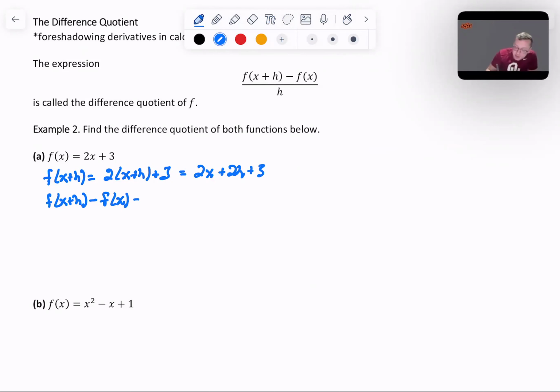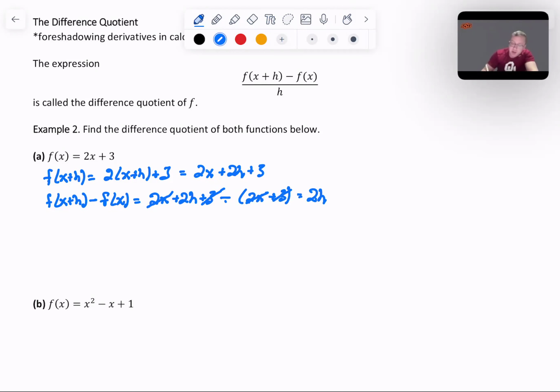this is 2x plus 2h plus 3 minus (2x plus 3). So here, look, 2x minus 2x, those go away. And then 3 minus 3, those go away. And I'm just left with 2h.